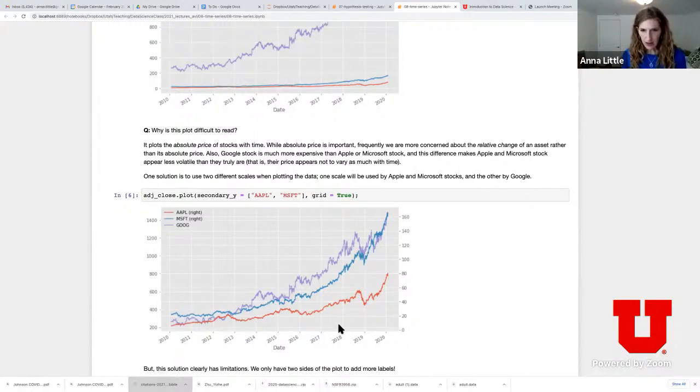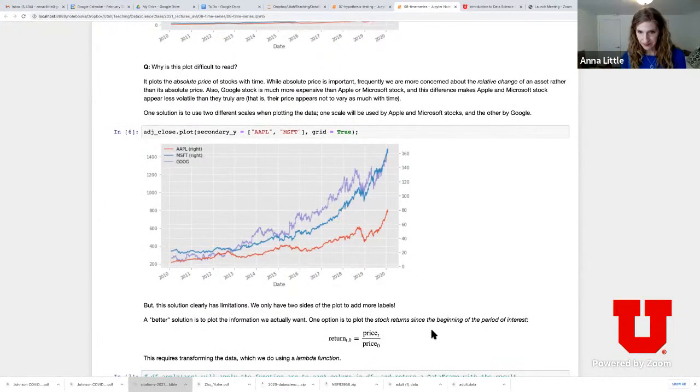Now this is a lot better, so we can visualize how these stocks are changing in time more easily and compare the volatility more easily. But of course, that works okay for 3 stocks, but let's say you had 50 you wanted to compare and they were all at different scales. That wouldn't work so well. So we need a different procedure to be able to plot this.